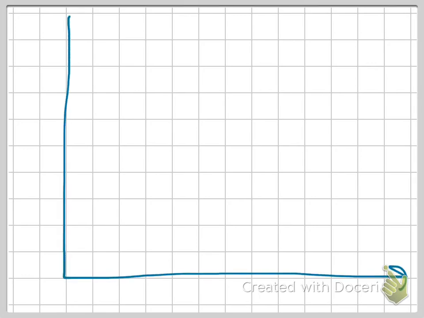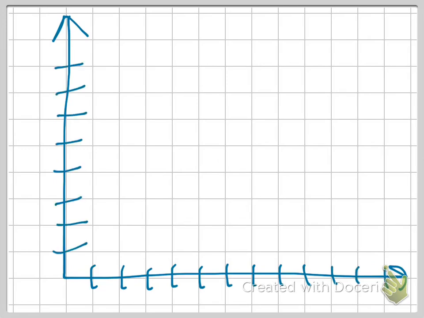Of course, Ms. Wallace, of course. Okay, and because it's in 2s, we can keep a scale of 2s. All right, so here's my X and Y axis. I'm going to count each one of these as 2, 2, 4, 6, that sort of thing.